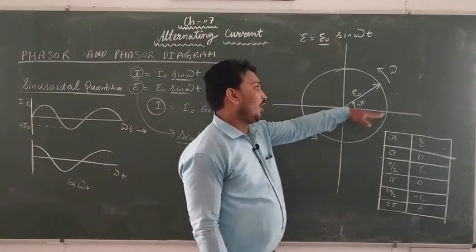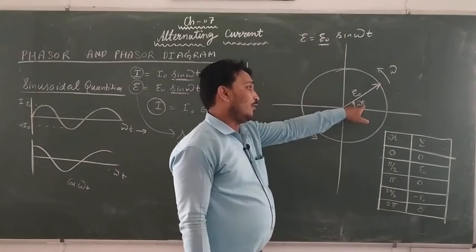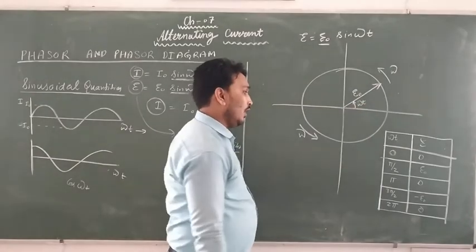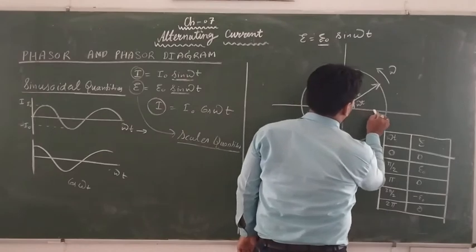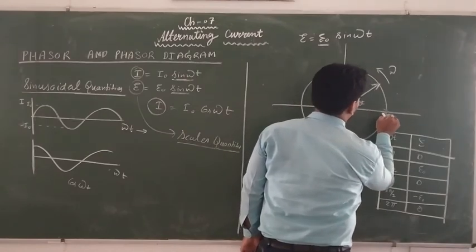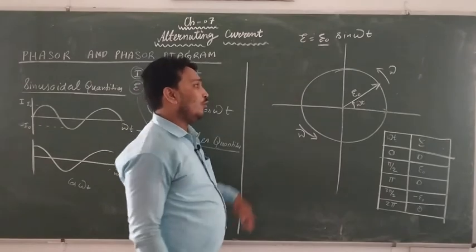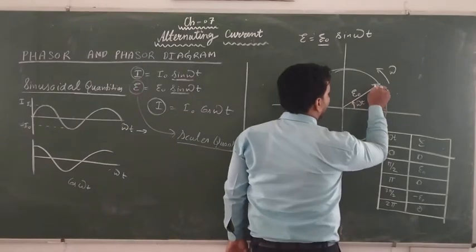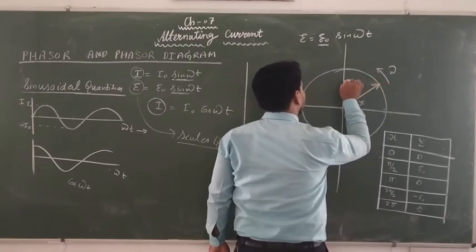So how does this rotating vector signify the value of E with the varying value of omega t? Just see. When omega t is 0 degrees, the arrow is supposed to be here. How has the value of E been calculated? We draw a perpendicular, you can say we take the projection of the arrow on the y-axis.